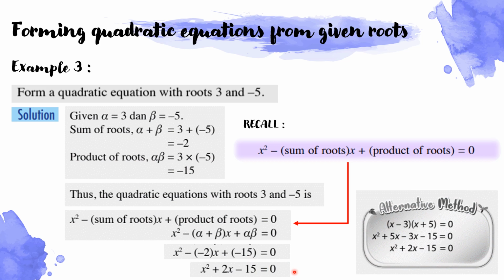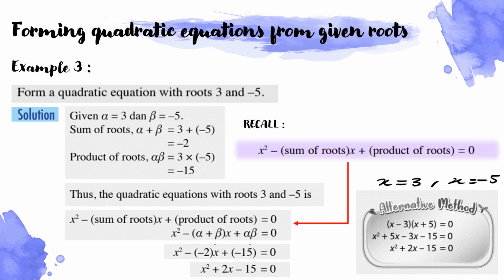Alternative method: you can start with this. Since the solutions are 3 and negative 5, put in the brackets x minus 3 multiplied with x plus 5. You move backward. Usually in the calculator you will get x equal to 3 and x equal to negative 5, right?